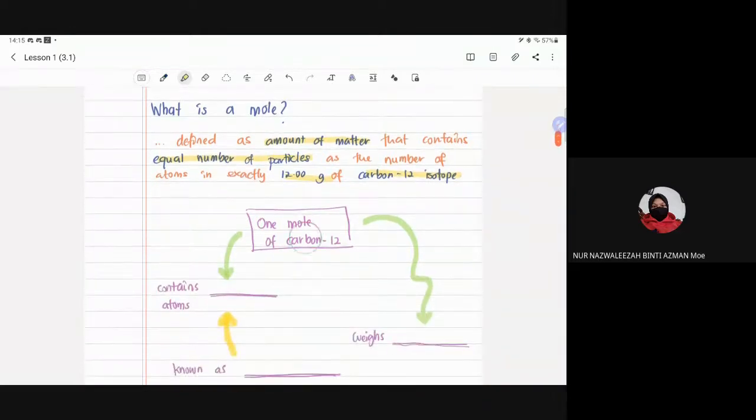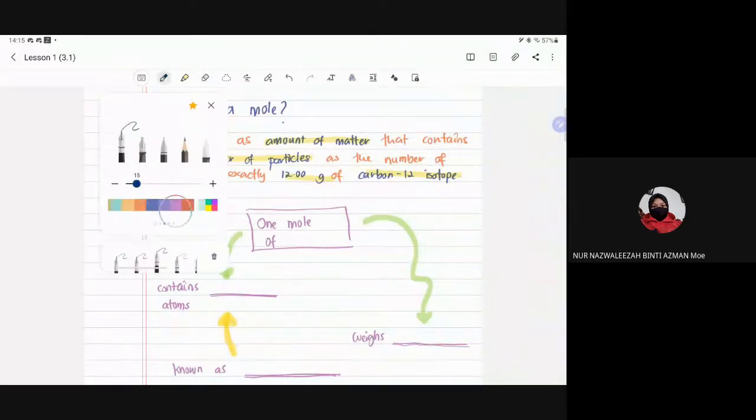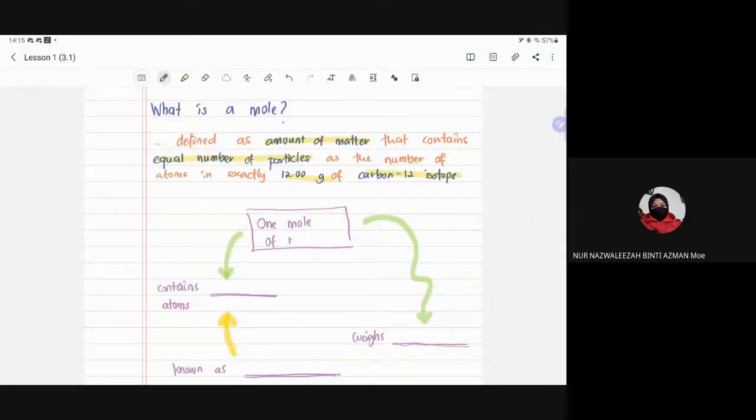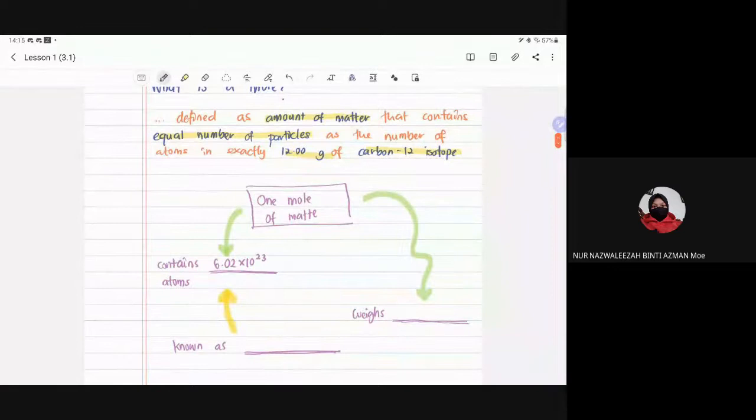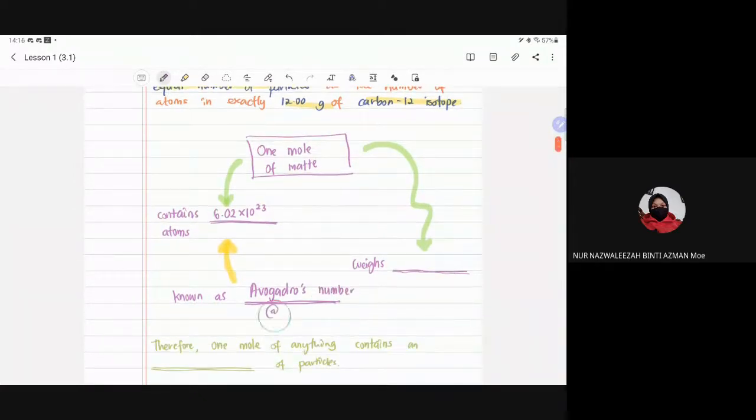So maksudnya di sini, 1 mole of matter, okay, they contain, bilangan atom dia mesti 6.02 darab 10 to the power of 23 atoms. Dan ini dipanggil sebagai Avogadro's number or Avogadro's constant.